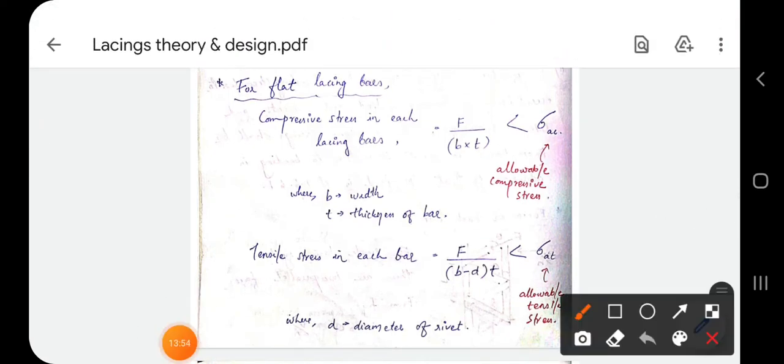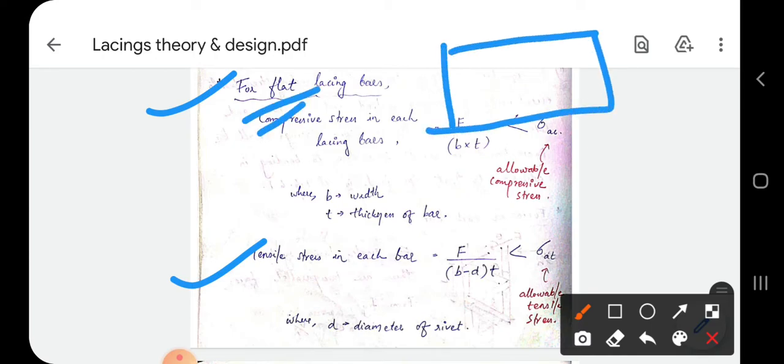This is for checking the compressive stress and tensile stress. The compressive stress on each lacing bar, if the lacing bars are flat bars or simple rectangular bars, we can use this.